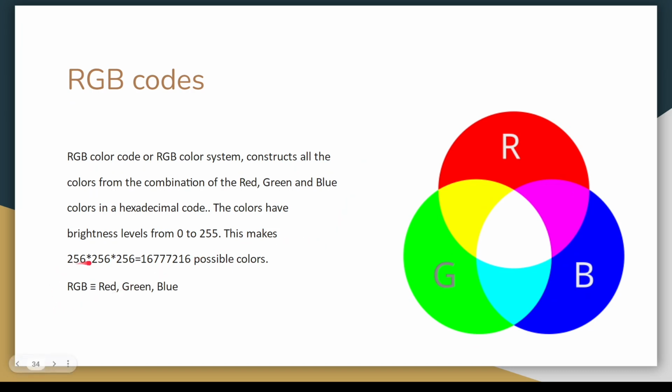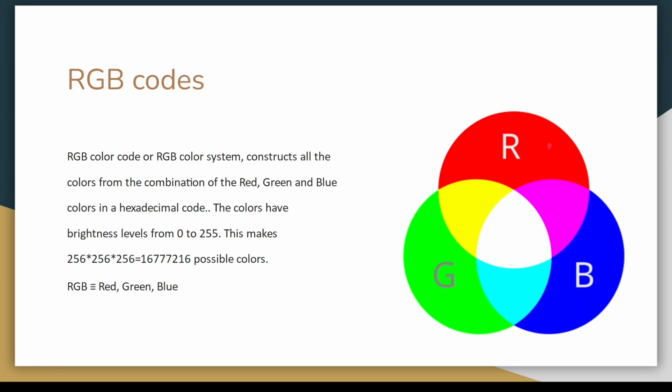This makes 256 times 256 times 256, which is 16,777,216 possible colors. RGB is the acronym for red, green, and blue. So the first 2 digits in the hexadecimal code will be the red component, the next 2 will be green, and the last 2 will be blue.